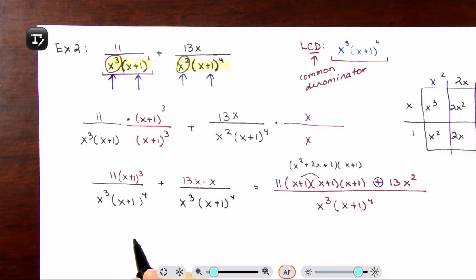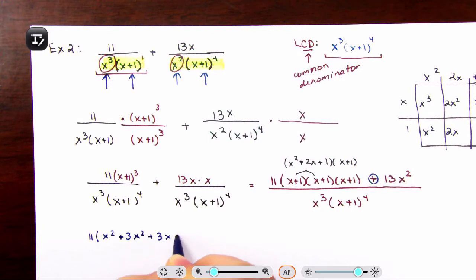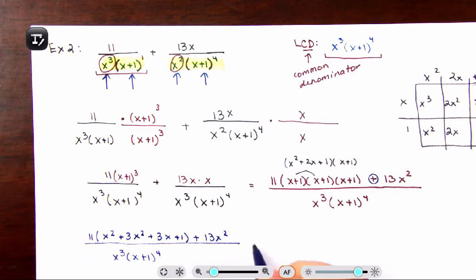Okay, so I'm going to bring it down here. So I have 11 times x cubed plus 3x squared plus 3x plus 1. And all of that is being added by 13x squared. Now keep in mind we still have that 11 on the outside of the bubble, so we're going to have to distribute that 11.